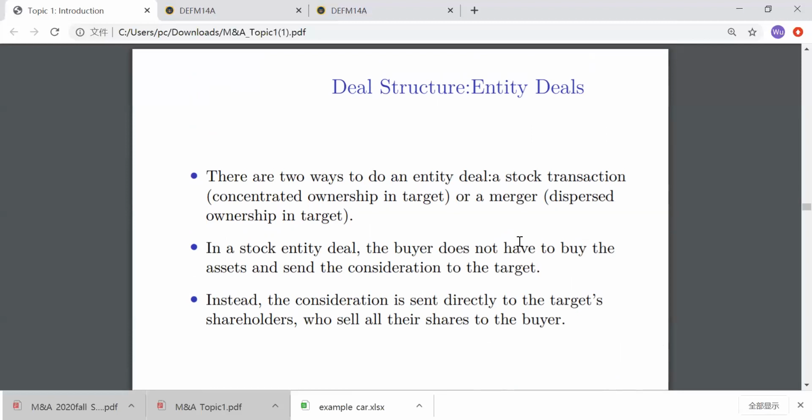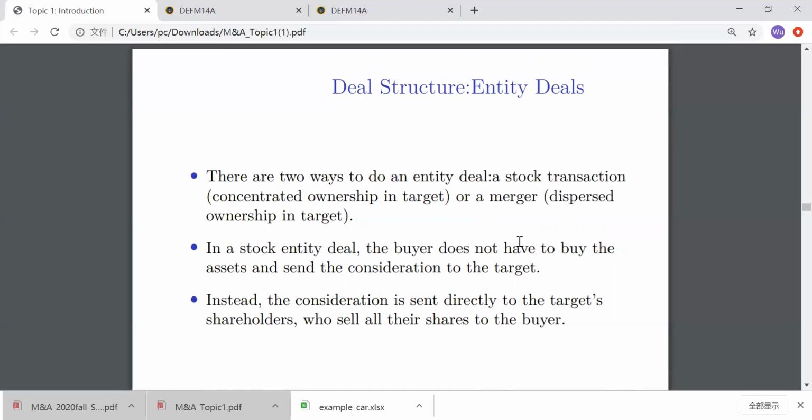Typically, there are two kinds of entity deal. It could be a stock transaction, or it could be a merger. A stock transaction is usually conducted when there is concentrated ownership in the target. Why? Because, like I previously said, if the majority of the consideration is stock, then you have to get the approval of all shareholders of the company.